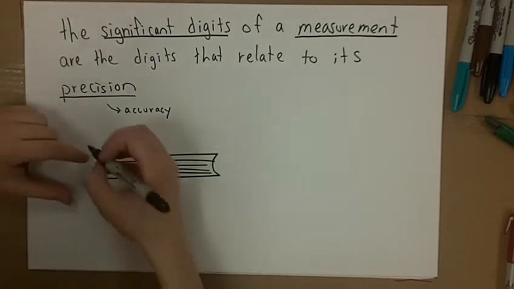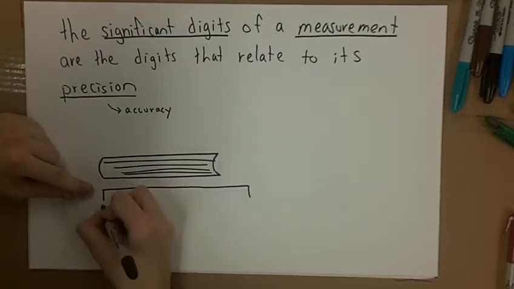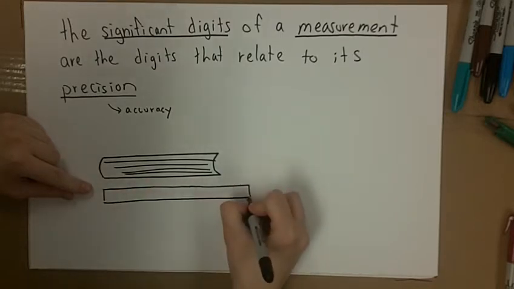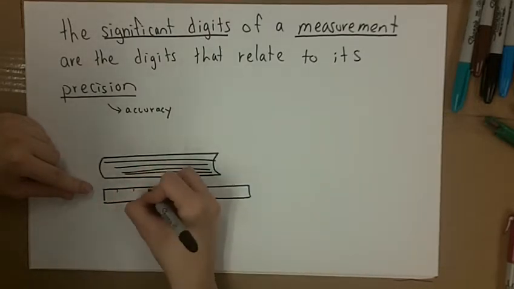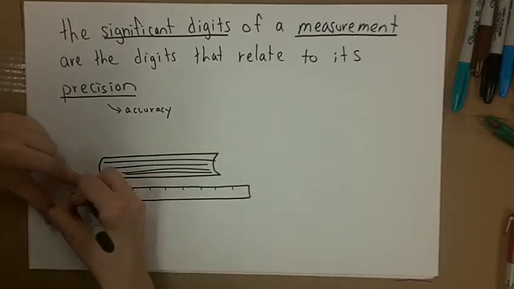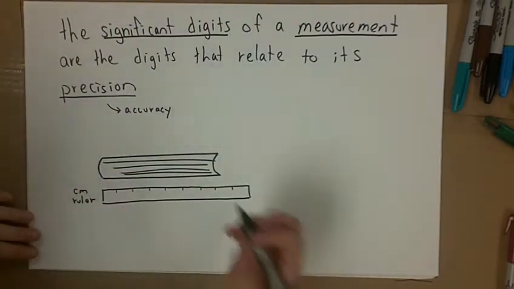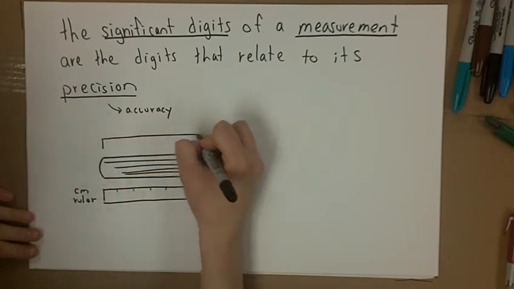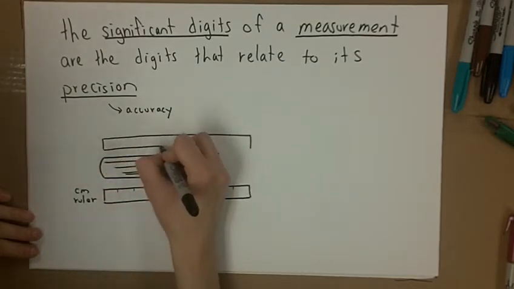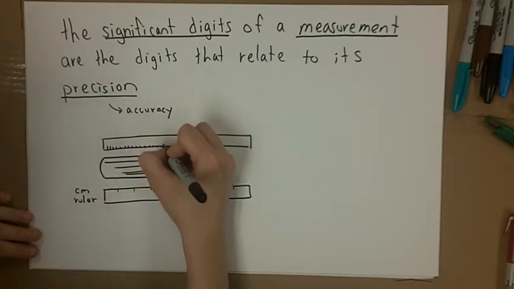and I used a ruler to measure it, if my ruler only was divided into centimeter segments, I would get a slightly different measurement than if I had used a different ruler divided into millimeter segments.